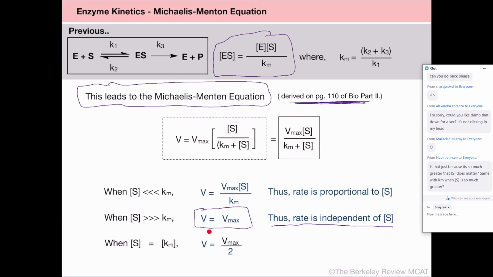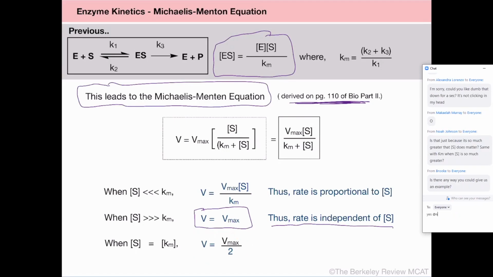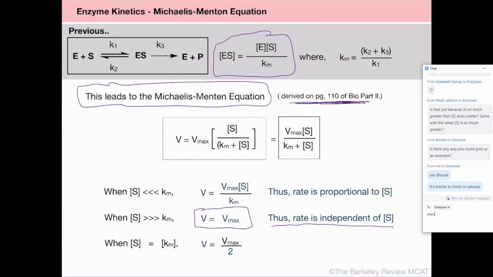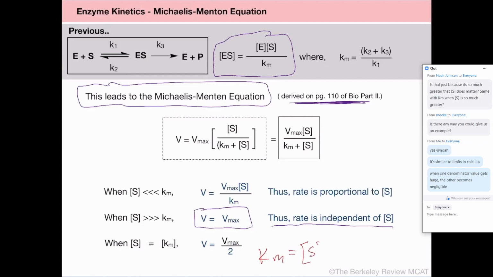So your velocity is going to equal Vmax over 2. In other words, Km is equal to the substrate concentration at which the reaction rate is half the maximum value.